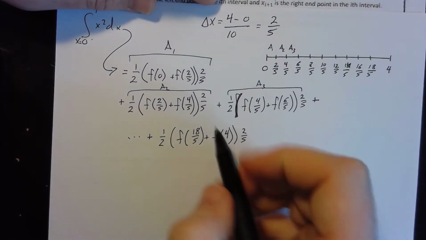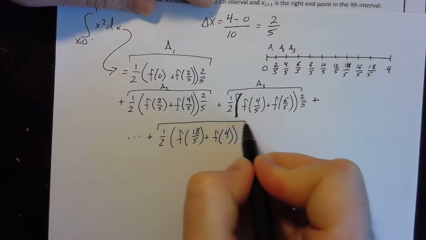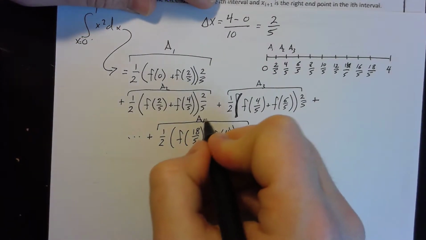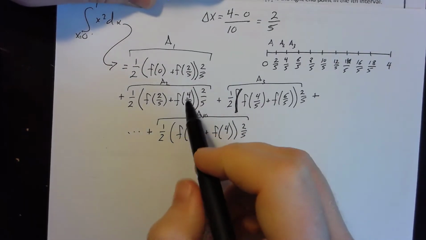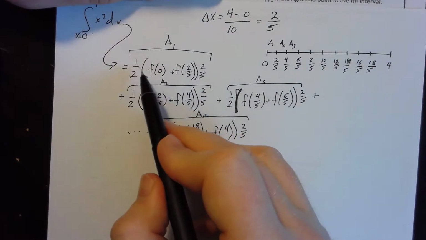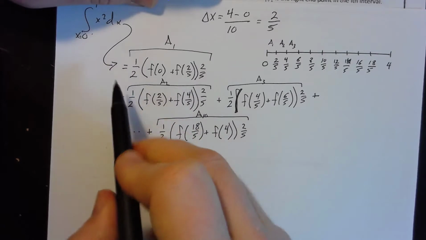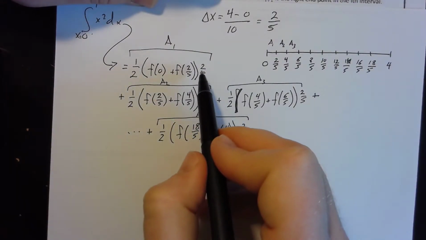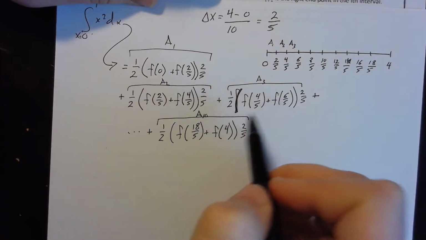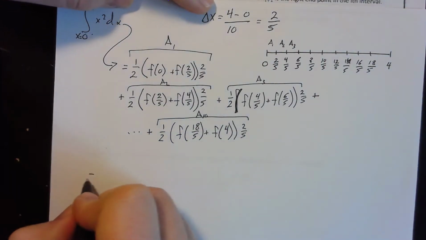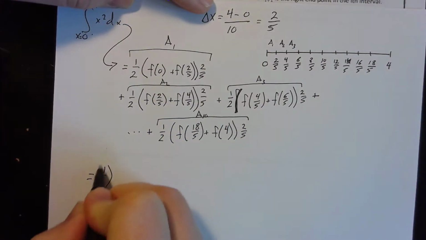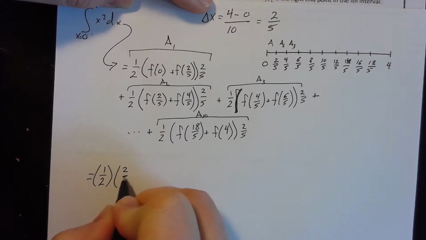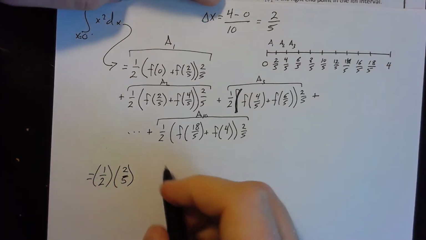Now, like I said, this gets really convoluted really quickly, but if I'm very careful, I can slowly identify exactly what things are in common. You'll notice the 1/2 is in common for every single one of these blocks, and the 2/5 multiplication is in common for every one of those blocks. So I can factor out a 1/2 and a 2/5. What does that leave me with?